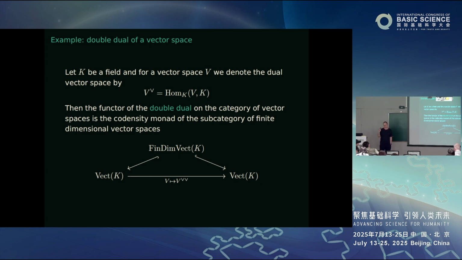And we know that the double dual of a finite dimensional vector space is isomorphic to the original vector space, but it is not true for all vector spaces. It turns out that this is the terminal functor among all functors which give you a commutative triangle like this. So it is the codensity monad of the subcategory of finite dimensional vector spaces inside of the category of all vector spaces.